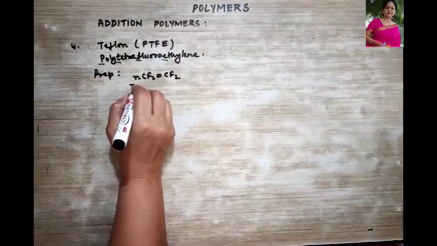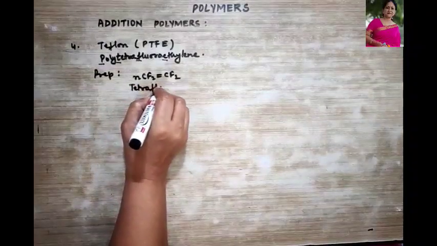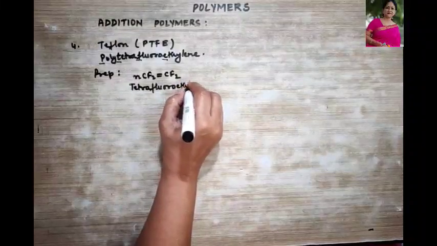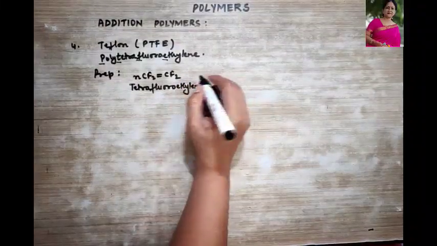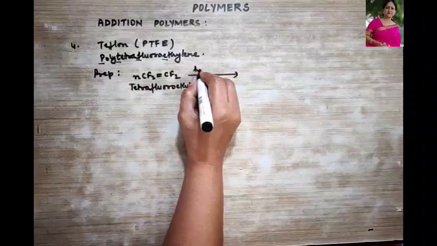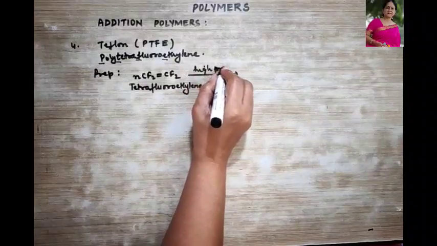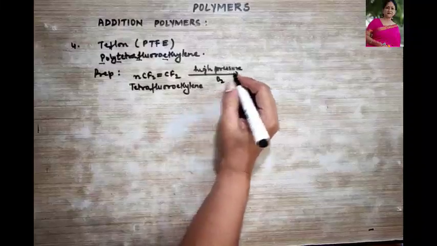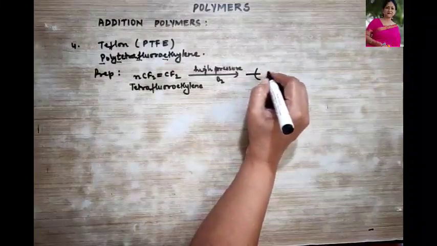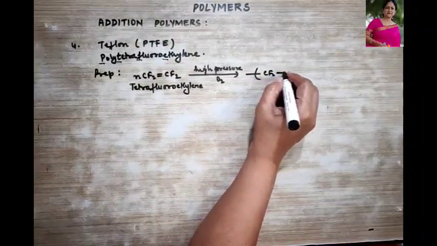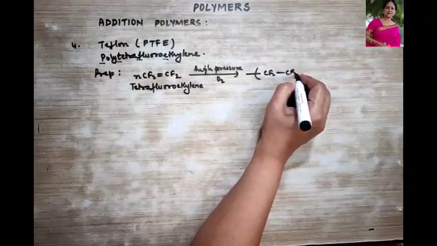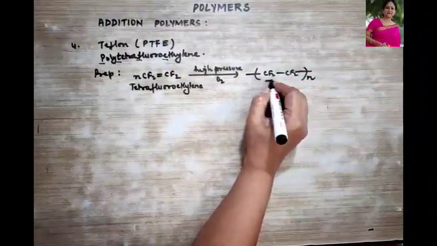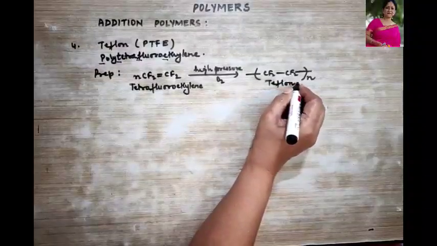This is your tetrafluoroethylene, which at high pressure in the presence of oxygen, it forms (CF2-CF2)n. Okay, this is called as Teflon.